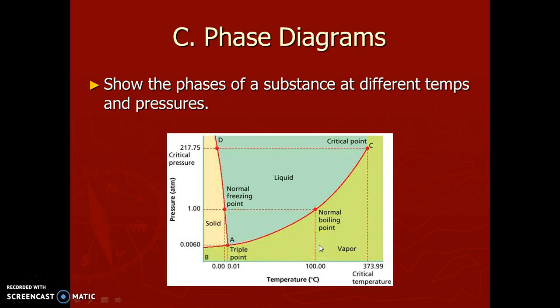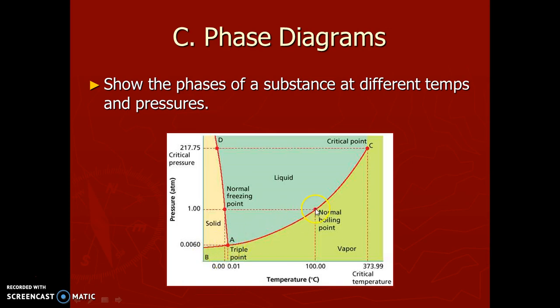Now notice that we can have water vapor that is below the freezing point. Here's 0 degrees Celsius. This is the freezing point of water. And here's 100 degrees Celsius. This is the boiling point of water. We can have water vapor down here that's below the freezing point as long as the pressure is very low, as long as we lower the pressure.